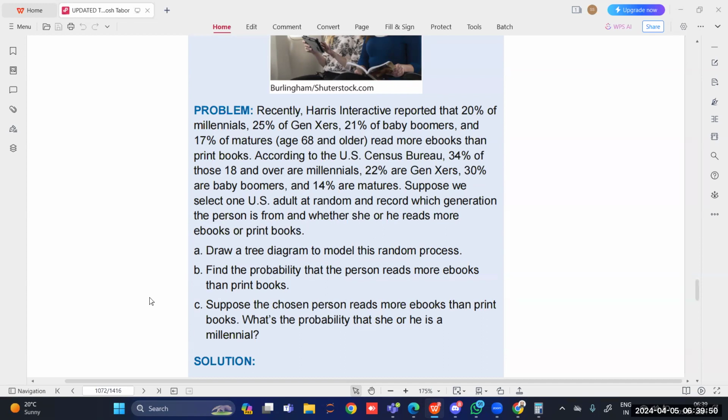Recently, Harris Interactive reported that 20% of millennials, 25% of Gen Zers, 21% of baby boomers, and 70% of matures read more ebooks than print books.